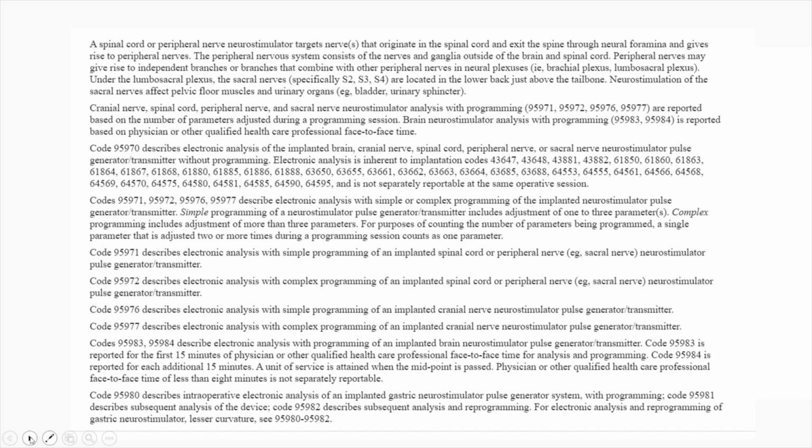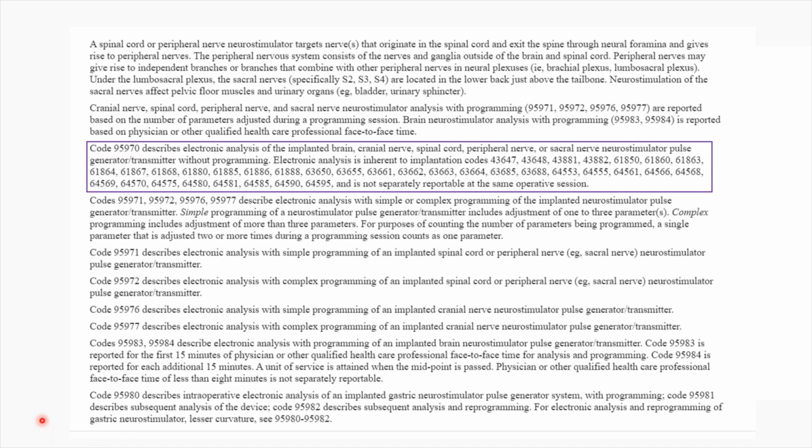So that's all about neurostimulator analysis and programming. And here you can find how they are classified. These neurostimulators, pulse generators, or transmitters are classified based on the location where they go. The code series 95970 is for a neurostimulator, transmitter, or pulse generator located in these areas. 95970 is coded when the neurostimulator, pulse generator, or transmitter is located in the brain, cranial nerve, spinal cord, peripheral nerve, or the sacral nerve.